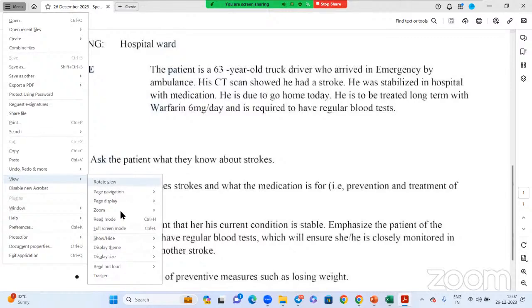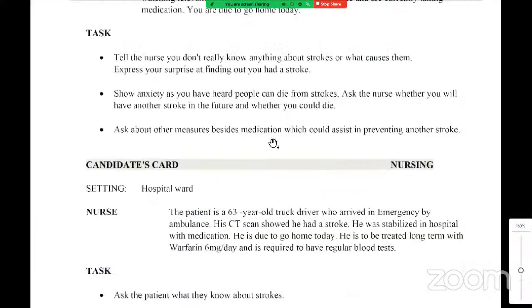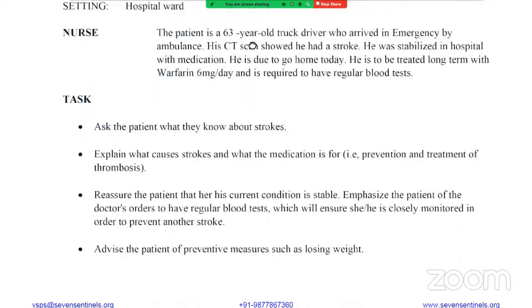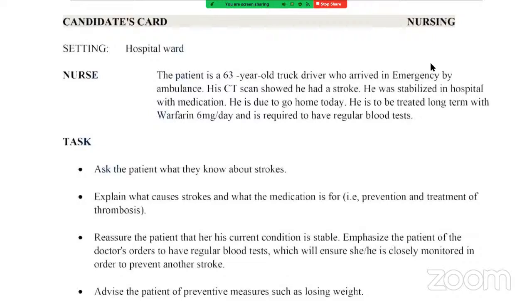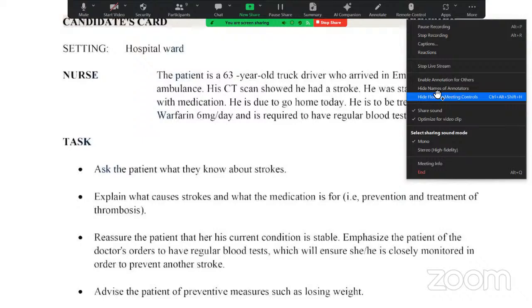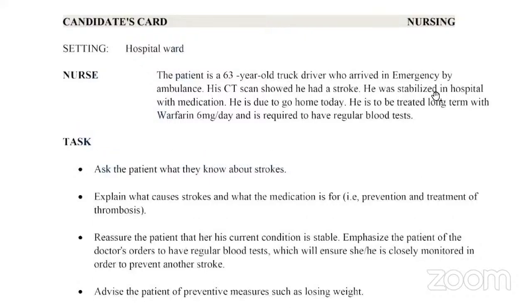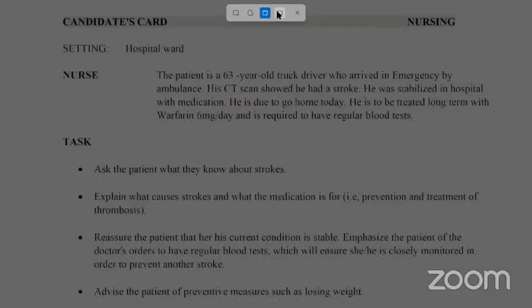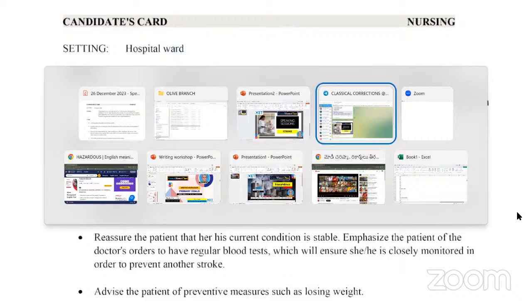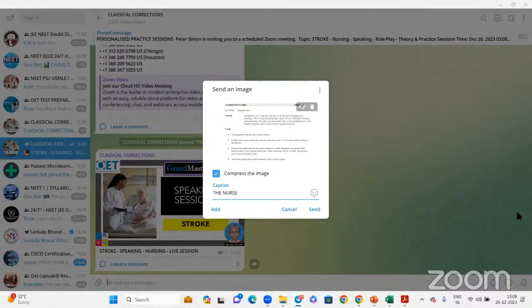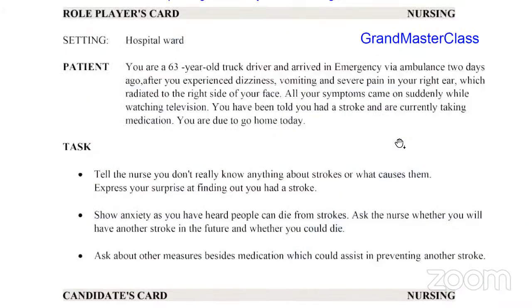So view full screen. This is the nurse card. This is the patient card.